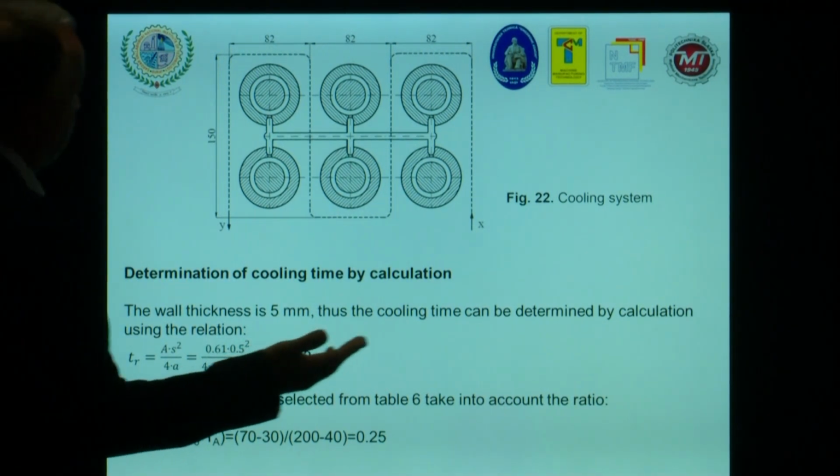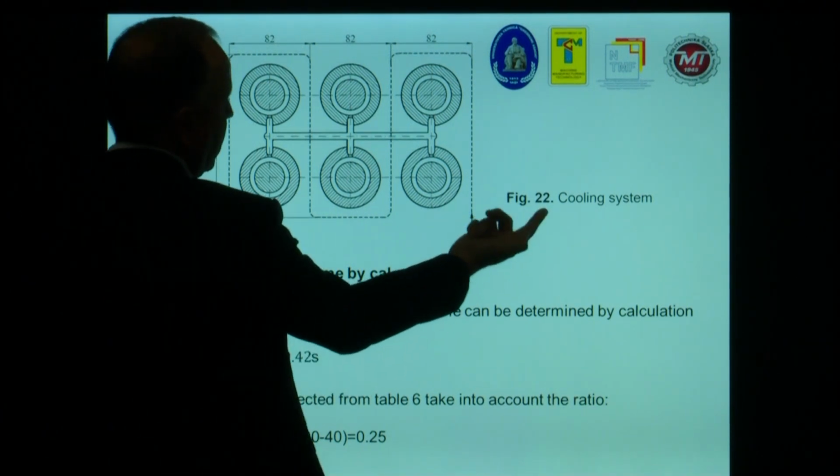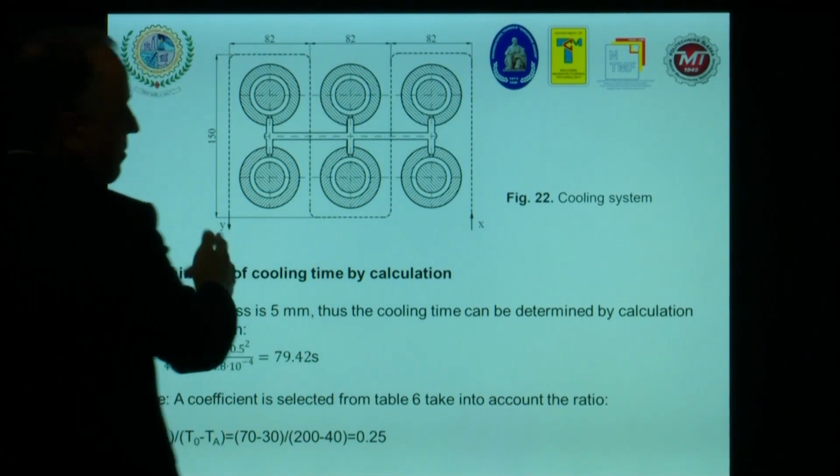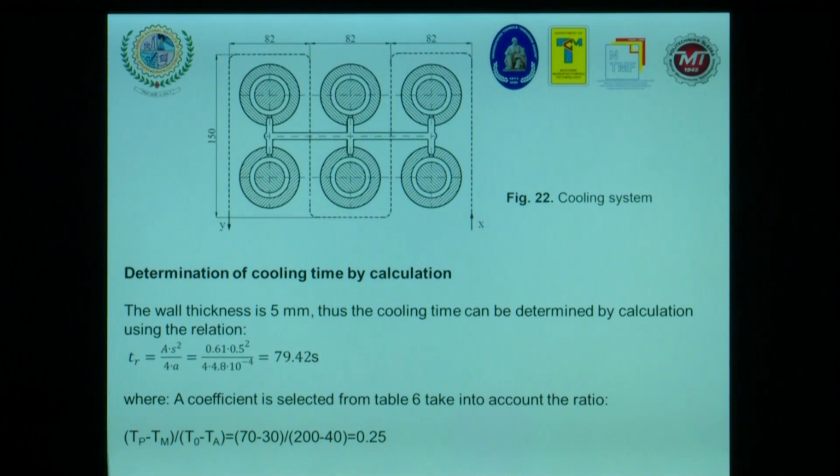If you choose something like that, it's wrong. Be careful with the cooling system. First, of course, how to draw it, and afterwards to establish all the dimensions and shape for the cooling channels.